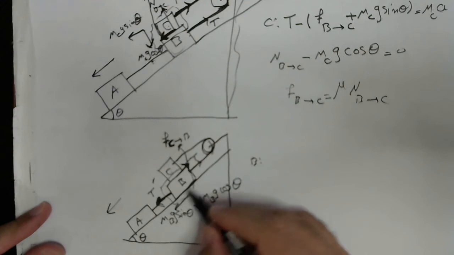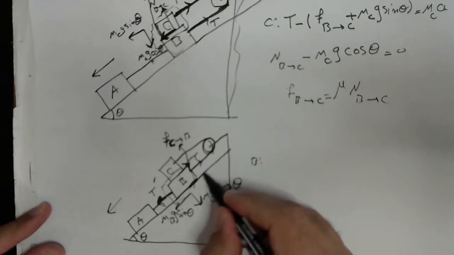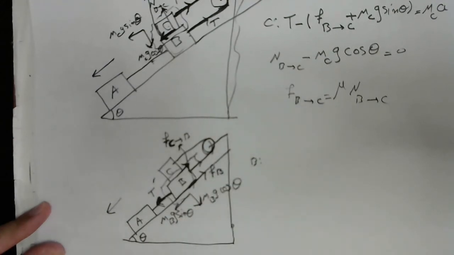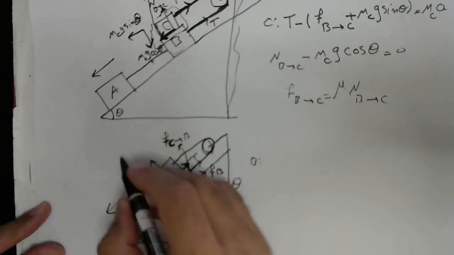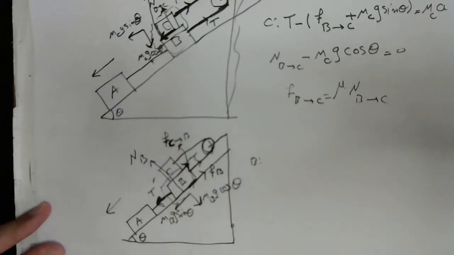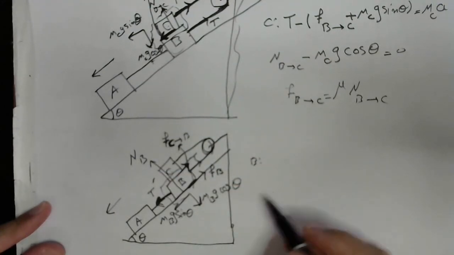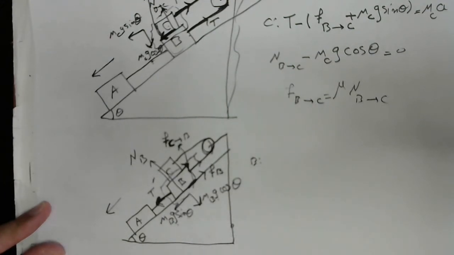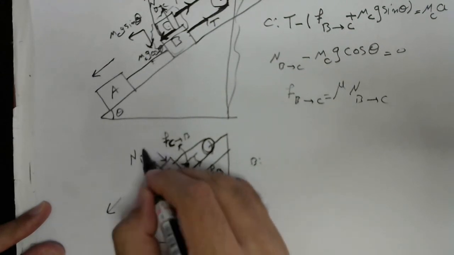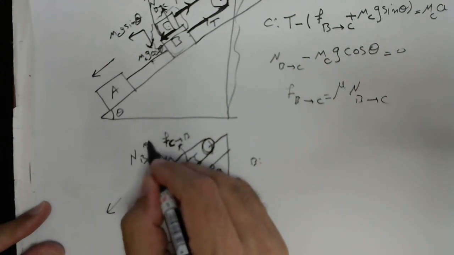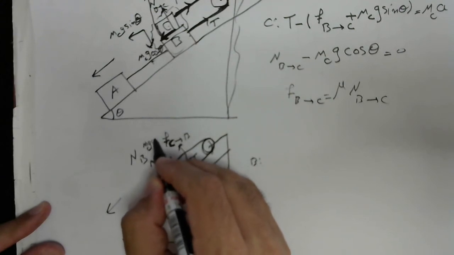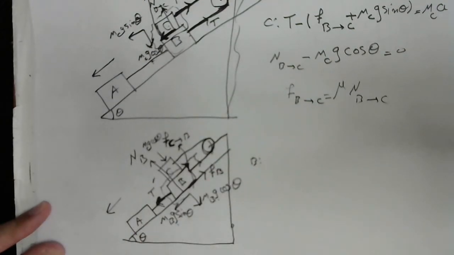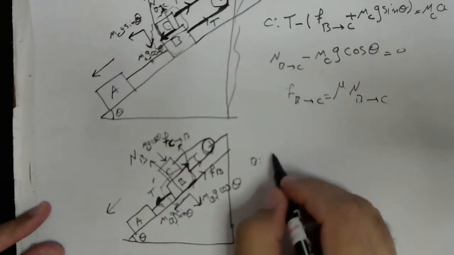There is a frictional force also here. This goes down, so there is another friction, which is FB. And there is NB. And also the mass of the object B we drive here. There is a mass of C also, which is MCG cosine theta. That one is acting, pressing the C on top of B.